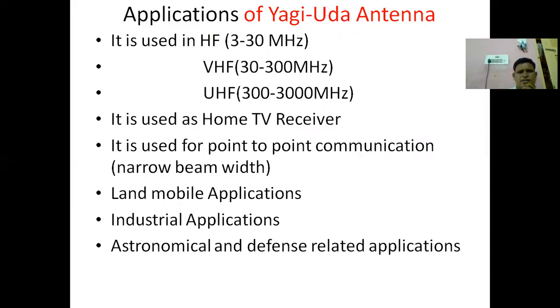Coming to the applications of the Yagi-Uda antenna, these antennas are designed in the high frequency range, very high frequency range, and ultra high frequency range also. Based on the frequency range, the lengths of the reflector, driving element, and directors may vary. For different frequencies, we can design different Yagi-Uda antennas with all the elements.